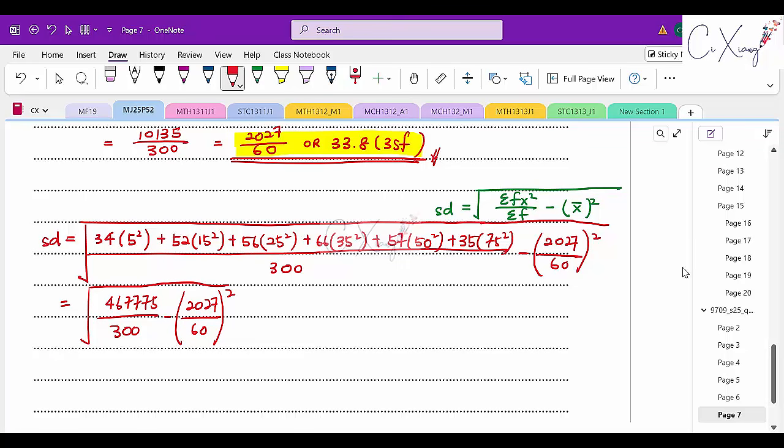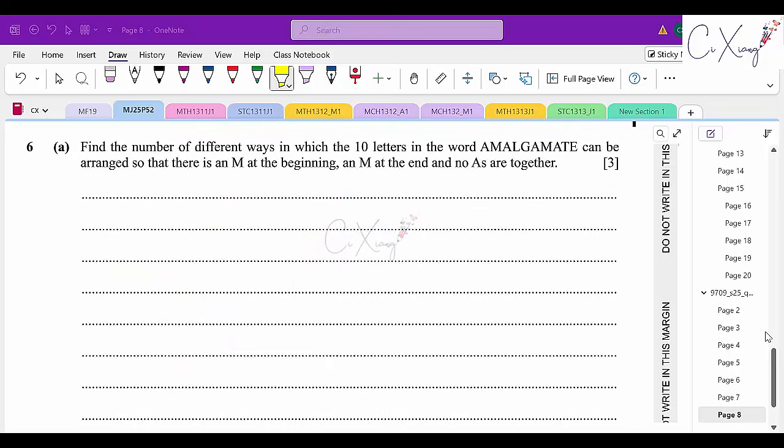Okay, then don't forget to take the square root. By right, you get a long answer. Then if I cut it short to 3 significant figures, it should be 20.4. So you double check and see whether you're able to get this answer or not. Alright, this is how we solve question number 5.